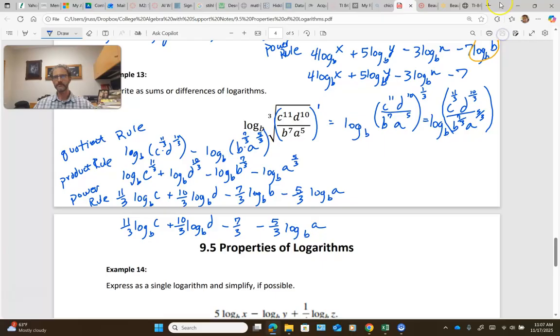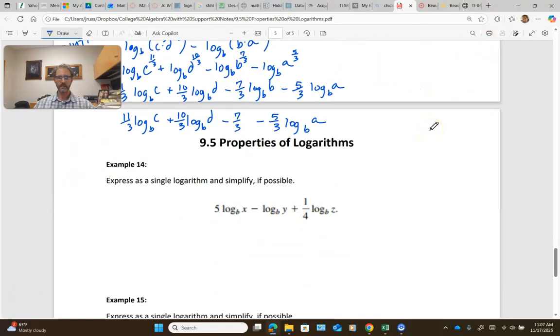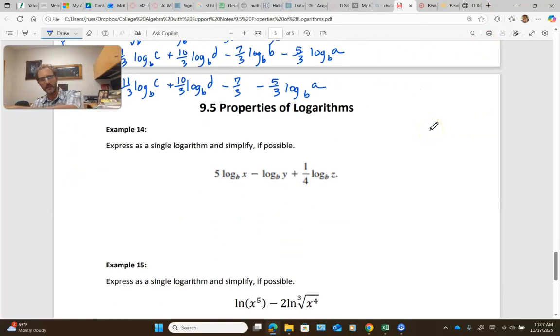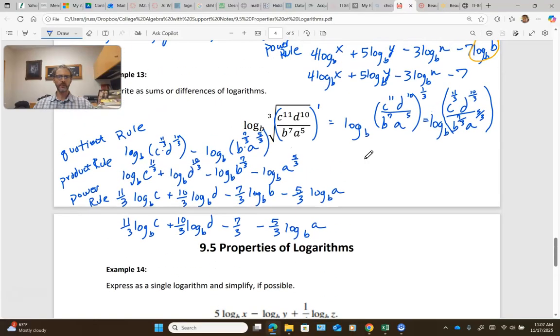Anyway, but all right, let's take a look at example 14. Alright, example 14. Typically the way you do these is you go in the reverse order.